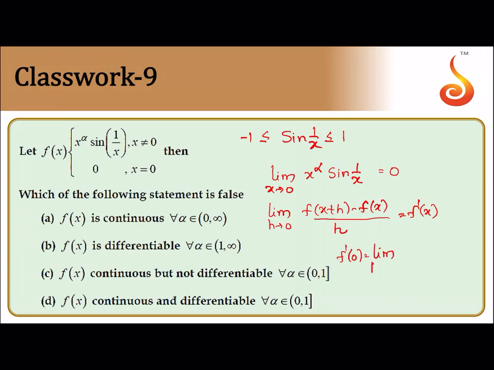Now, if we differentiate, we'll apply the basic principle, limit h tending to 0, f of x plus h minus f of x by h is equal to f dash x. So f dash 0 will give you limit h tending to 0, f of h minus f of 0 by h. So we apply that.